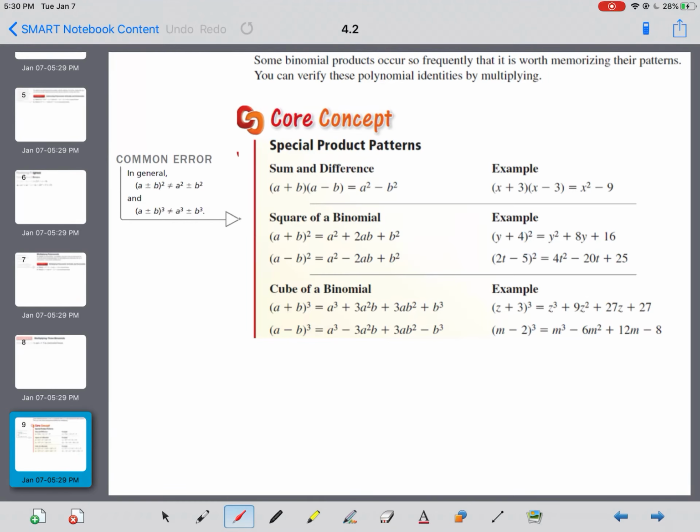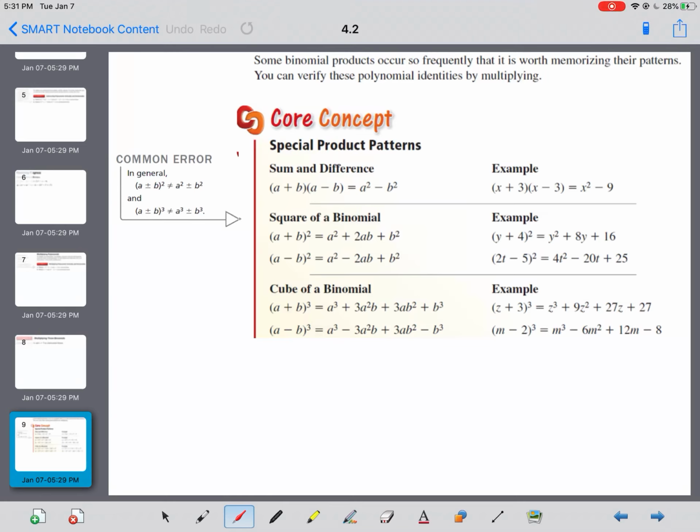Something squared minus something squared factors into the square root plus the square root times the square root minus the square root. Well, if you reverse that, you get something plus something times something minus something, which gives you something squared minus something else squared. For example, x plus 3 times x minus 3. The x's are squared, you have a difference, and 3 squared is 9.